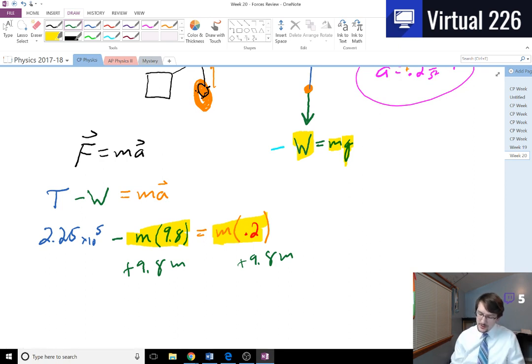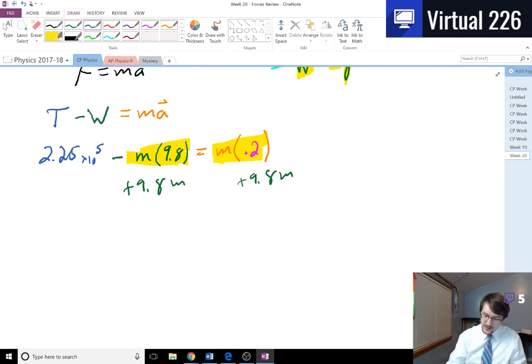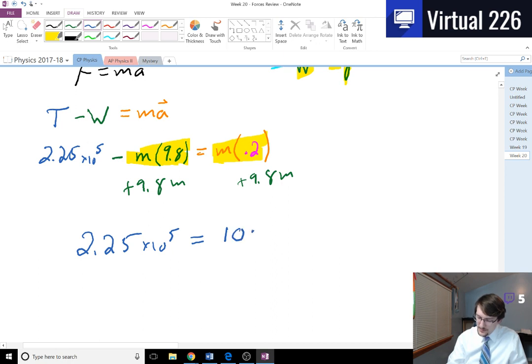So these are like terms. What we'll have then is 2.25 times 10 to the fifth equals 0.2 plus 9.8, which is exactly 10, so 10 meters per second squared times the mass.